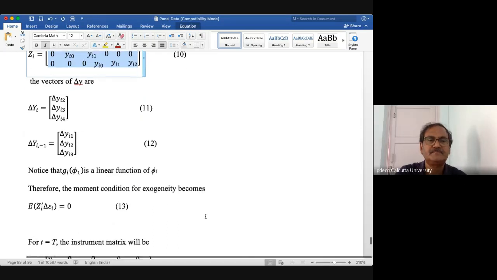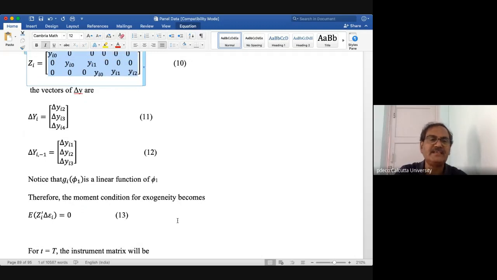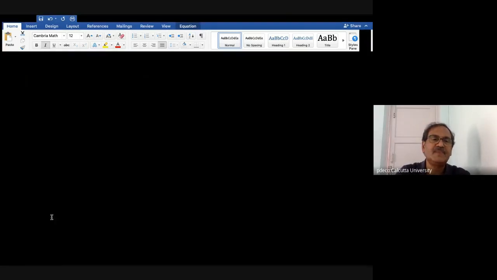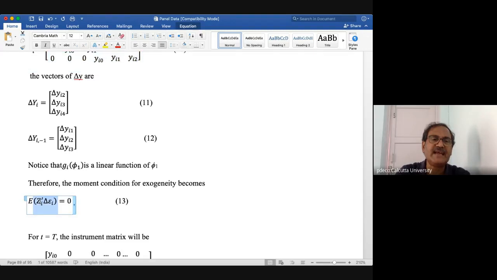Now the moment condition in generalized form you can write as expectation of zi prime into delta epsilon i equal to 0. So we have written different steps by taking just capital T is equal to 4, assuming that you have data for 4 years.